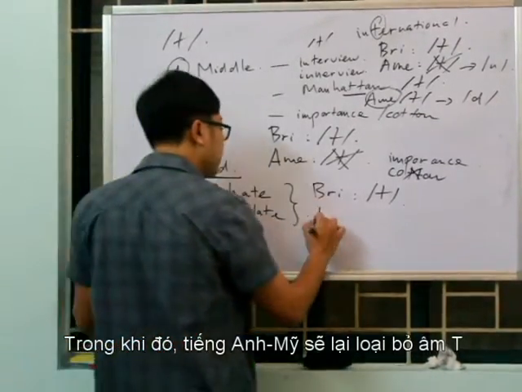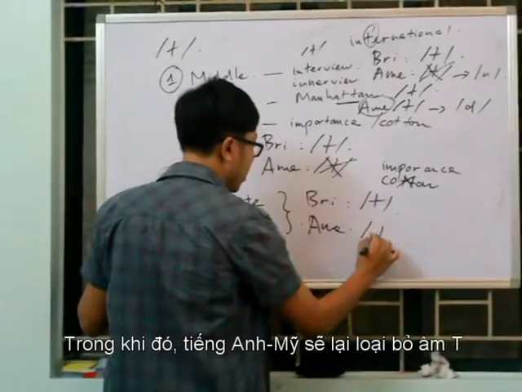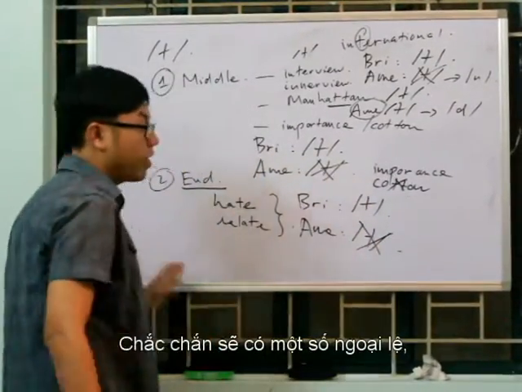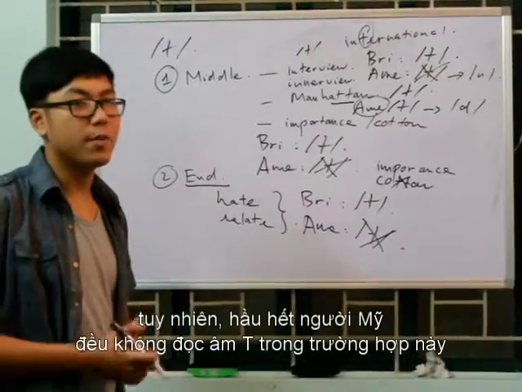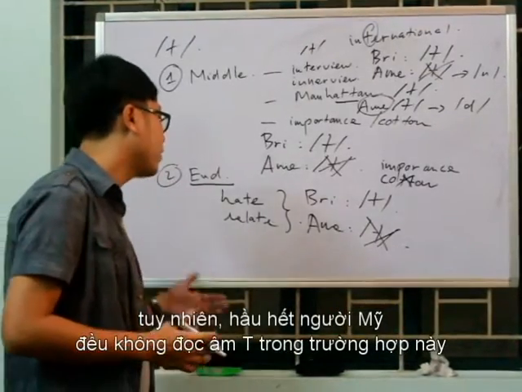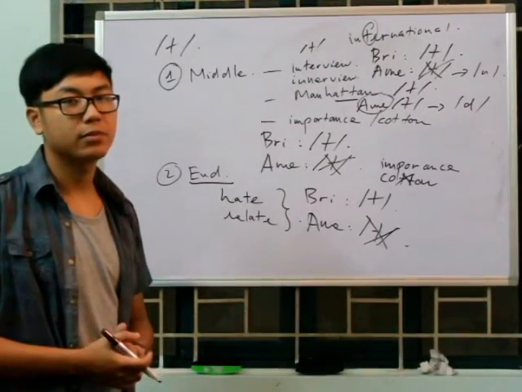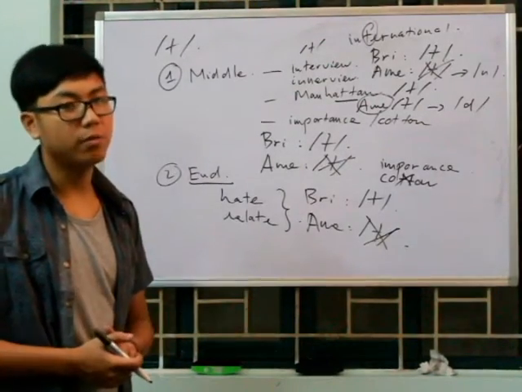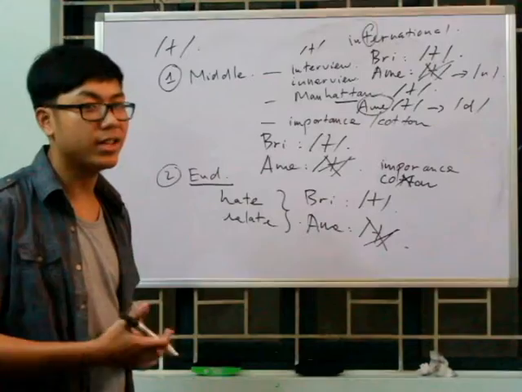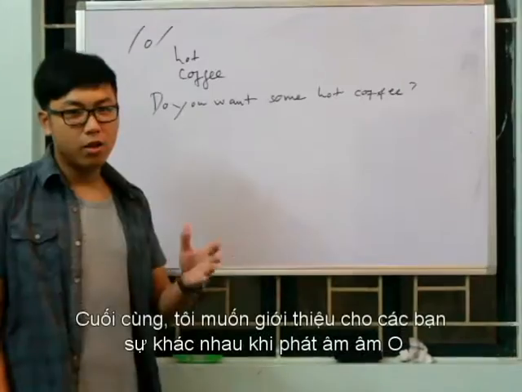Meanwhile, American accent, no T. There are some exceptions, but Americans almost never speak out the T here. Hate, relate. Okay? Hate from British accent and hate from American accent.